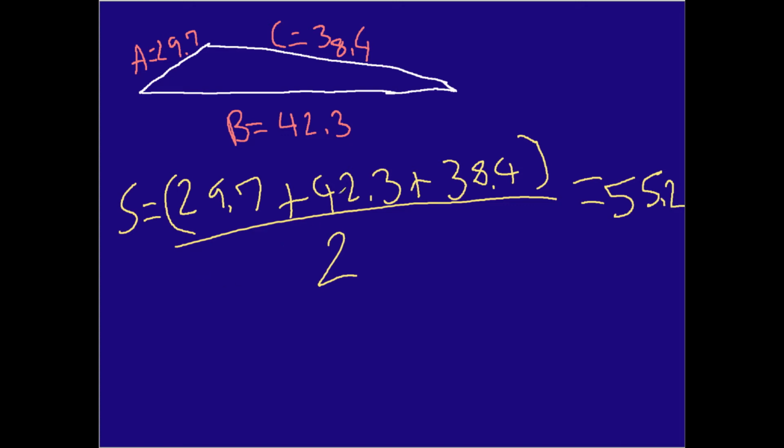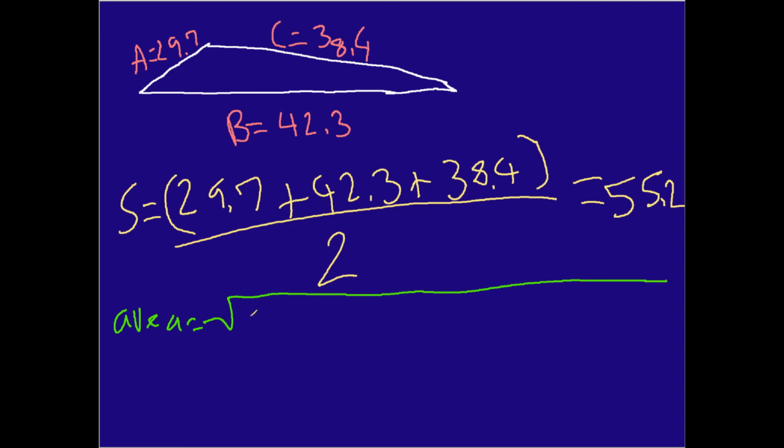Now that that's done, we're pretty much just about done here. This is not a deep video. We now need to find the area of the actual triangle, because we now know what our semi-perimeter is. And so to do that, we've got area here equals the square root of, this is going to be a long square root like that.